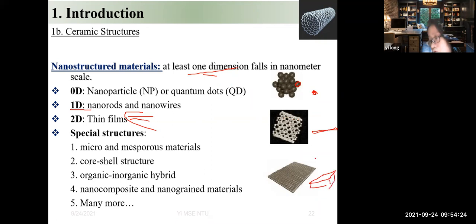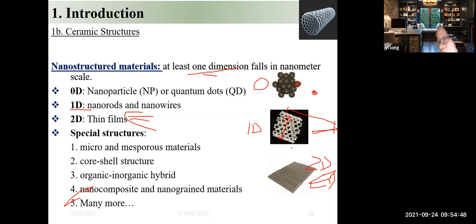In 1D, it's a nanorod or nanowire, because only the diameter is in the nano range. The length may not be; the length can even be in the micron range.